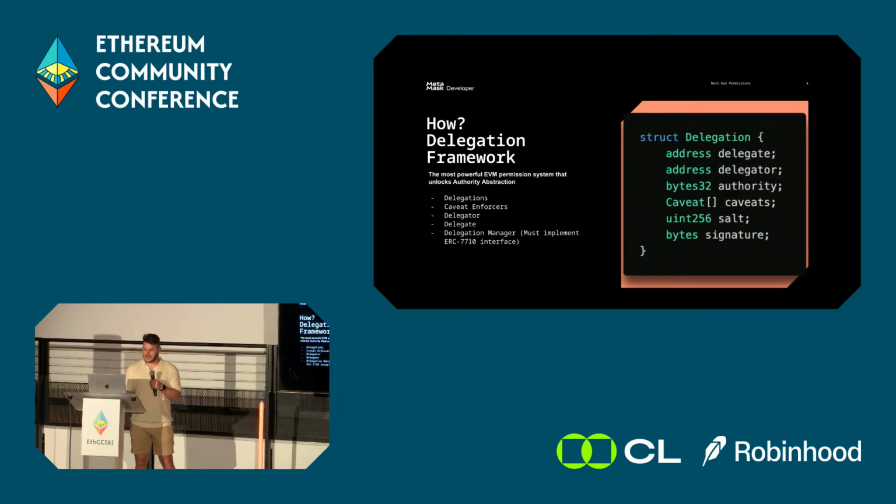And so the question, how are we doing this? Well, lucky enough, we've been working for about 2.5 years on the most powerful EVM permission system. Now, this is the delegation framework. It's a set of Solidity contracts that enables authority abstraction. And what that means is it allows you to share anything you have the power over or authority over with any other account or user or agent or whatnot.